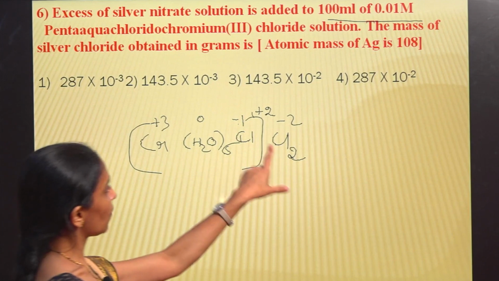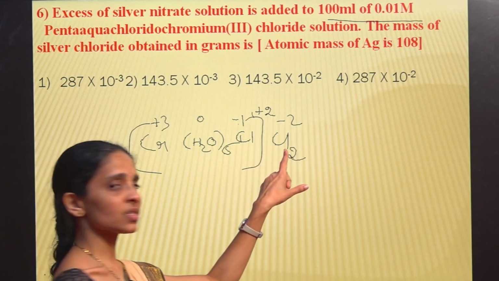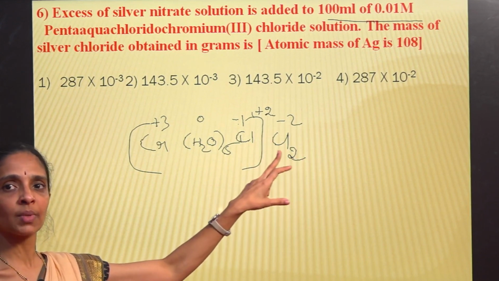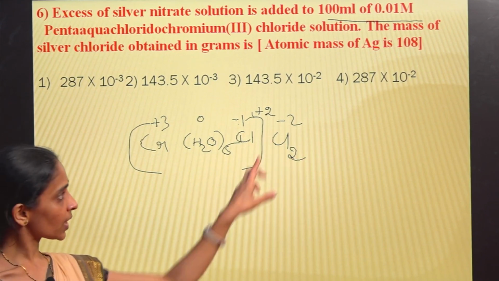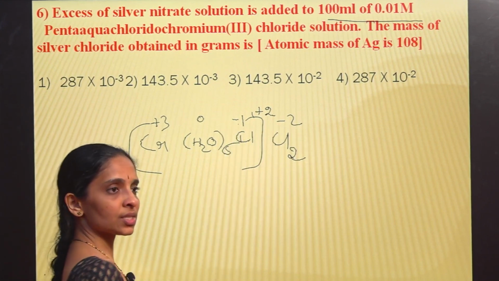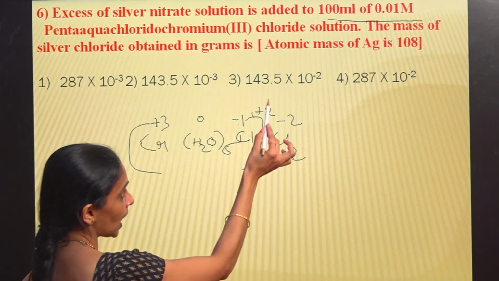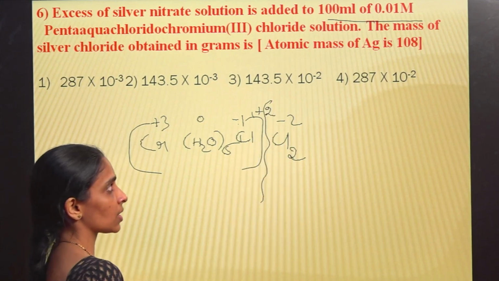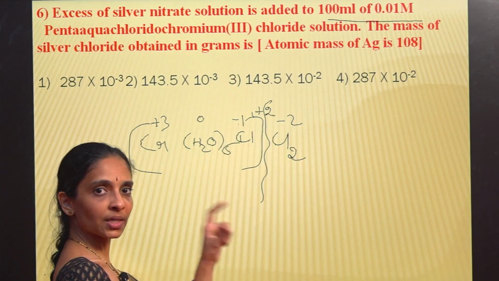So once you have this number, what does it mean? This particular complex has two ionizable chlorines. You know very well that any coordination compound or complex ionizes only outside the square bracket, which is called the coordination sphere.